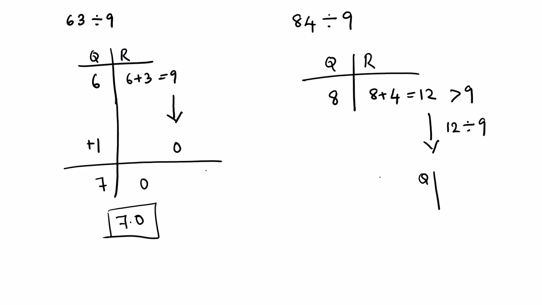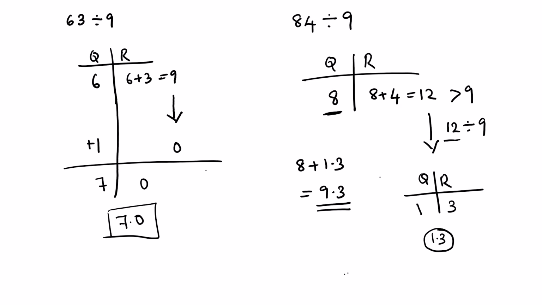Again, you will be having quotient and remainder. So the quotient of this 12 is 1 and remainder is 3. So you get 1.3. Now what you have to do is, you have to add this 1.3 with 8, the quotient of 84. So you get 9.3. So this is the final answer.